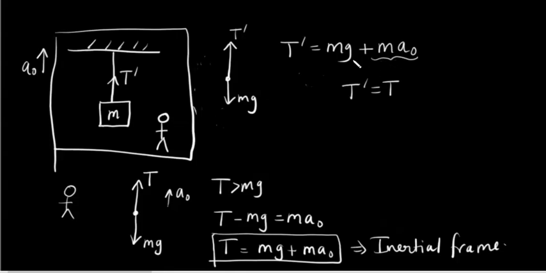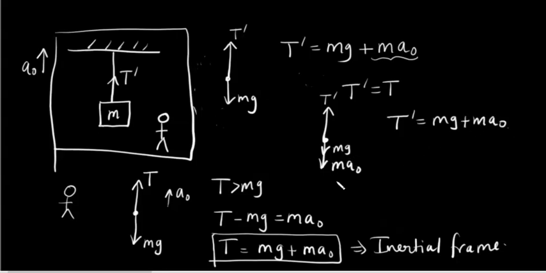In this equation, we are adding an extra term ma0. So now ma0 we applied downwards. So this is T dash and this is mg, and T dash is equal to mg plus ma0 if the ma0 force direction is downwards.